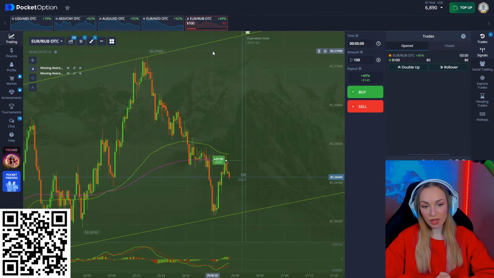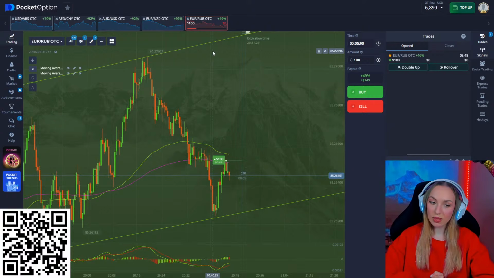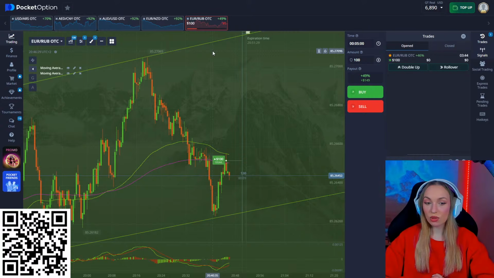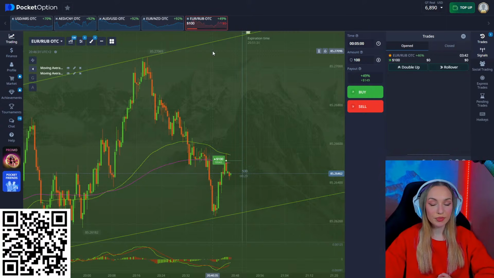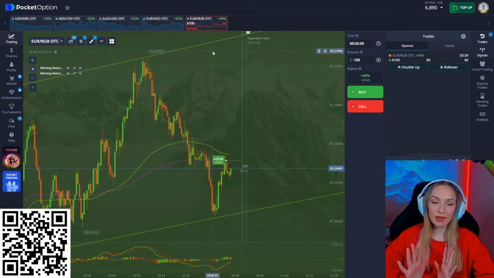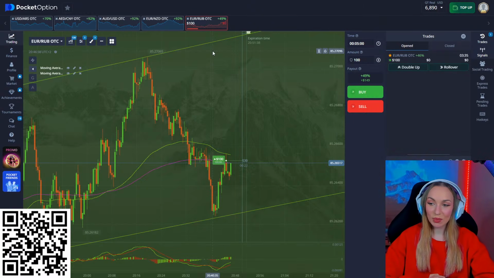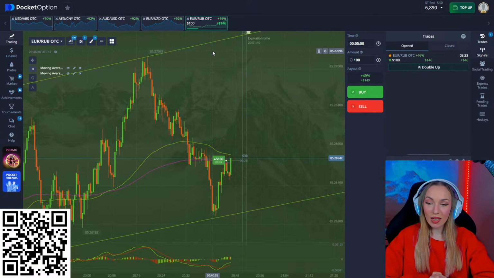Don't put more than 5% of your deposit per trade. Be careful, but it's fine when 20-30% of your trades are not profitable and 70-80% are profitable.